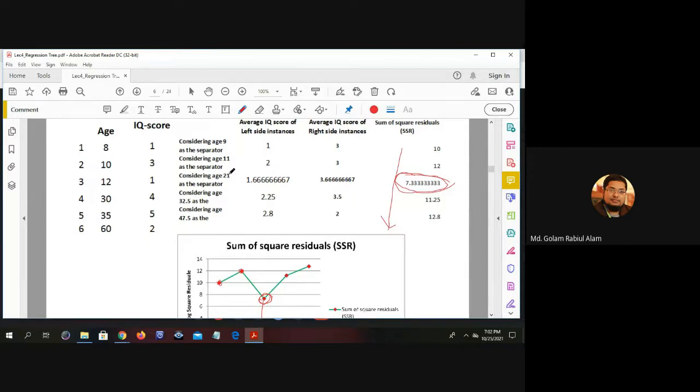This is for the splitter 21. So out of our total 5 splitters, if we use the age as our feature, then we have to consider S21 as the separator, because S21 has the minimum sum of squared residuals, that is, minimum error.